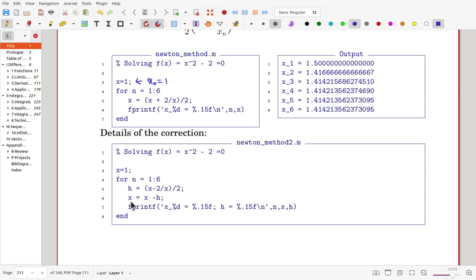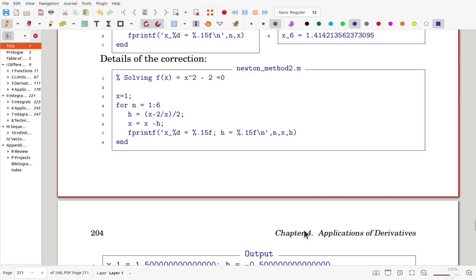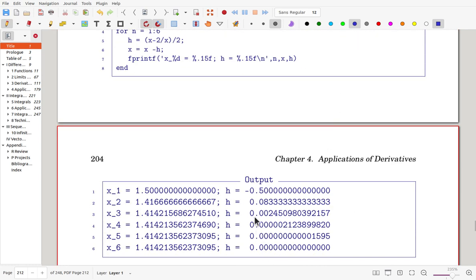The reason we are doing it this way is that we want to see how the correction term is changing. For each iteration, we are now printing it out. The output is given in this way. The xn are the same as earlier, but now look at the h value. Those are correction values.